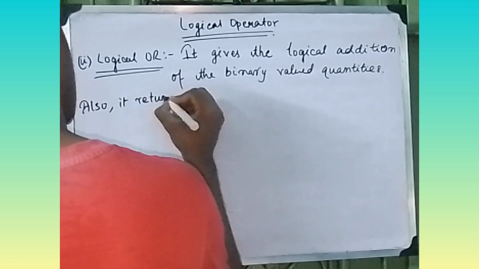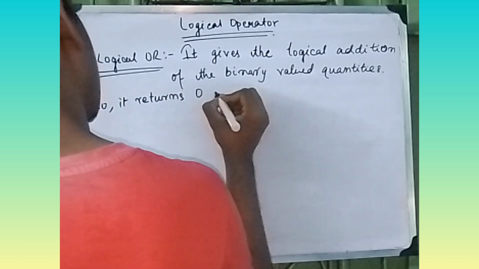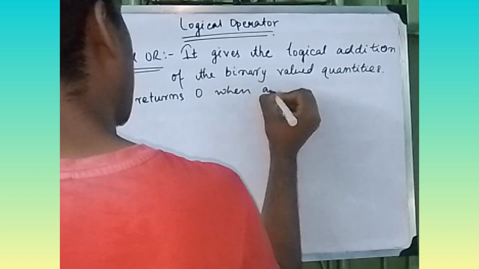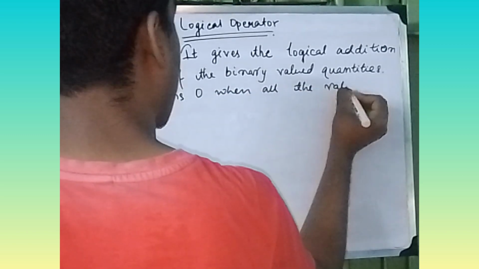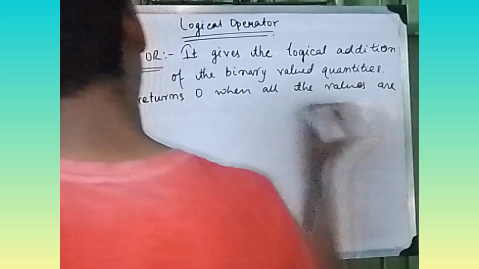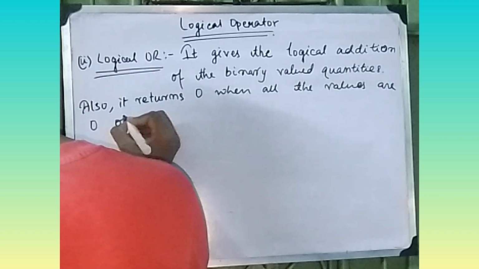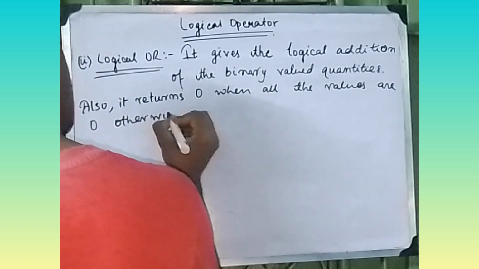Also, it returns 0 when all the operands are 0, otherwise it returns 1. It is also denoted by a plus sign.